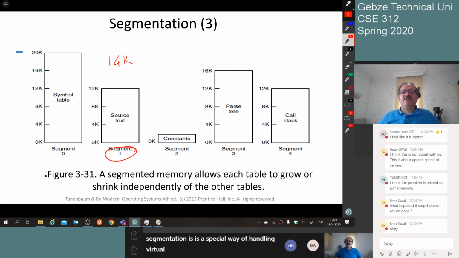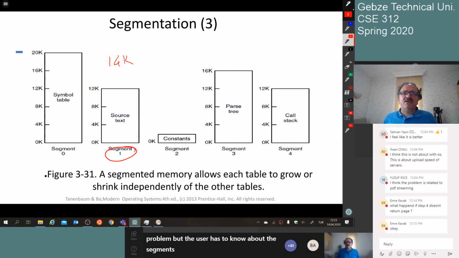Instead of having one single large linear address space, you will have many address spaces, each one belongs to you. If you like, you may share some of the segments with other programs. No problem. But the user has to know about the segments.